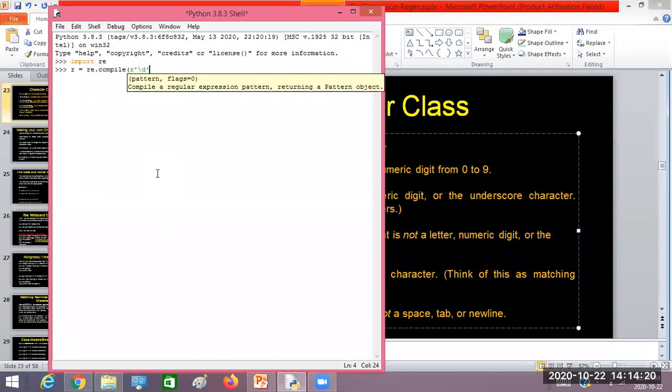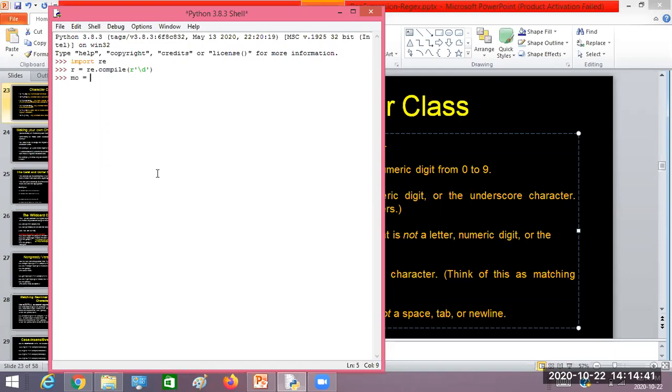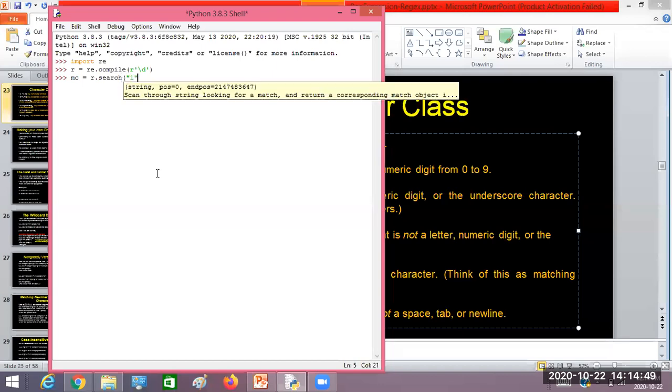You already experienced this one, but I'm going to use it again. Now I'll show you in two steps first: mo equals r.search of 1, right?